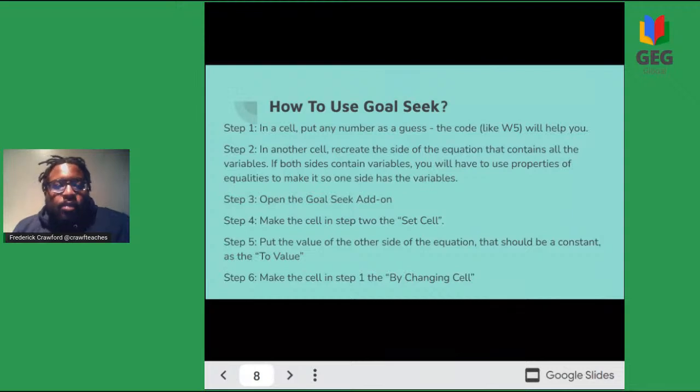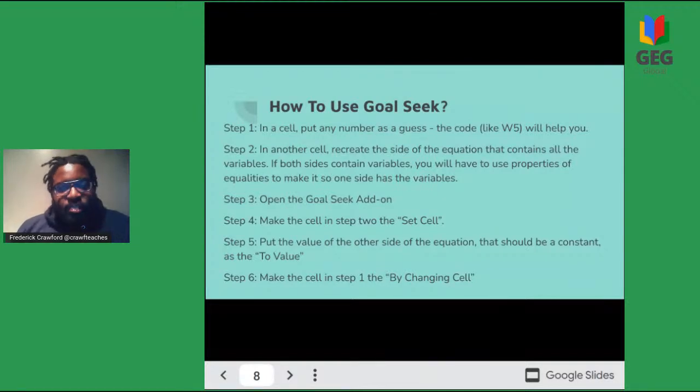Then we open up the GoalSeek add-on, and we make the cell in step 2 the set cell. In step 5, we make the other side of the equation, which should be a constant, a number by itself with no variable, the to value. And then we make the cell in step 1 the by changing cell.